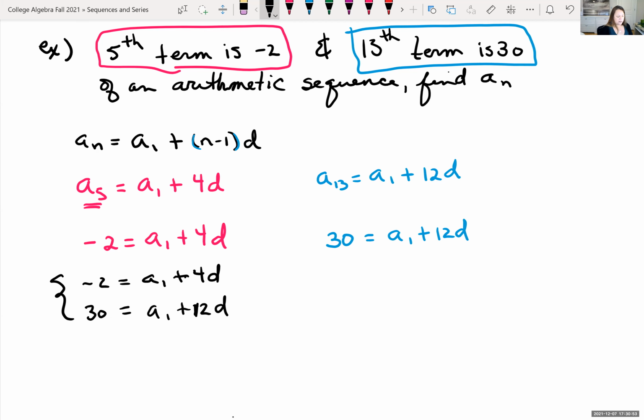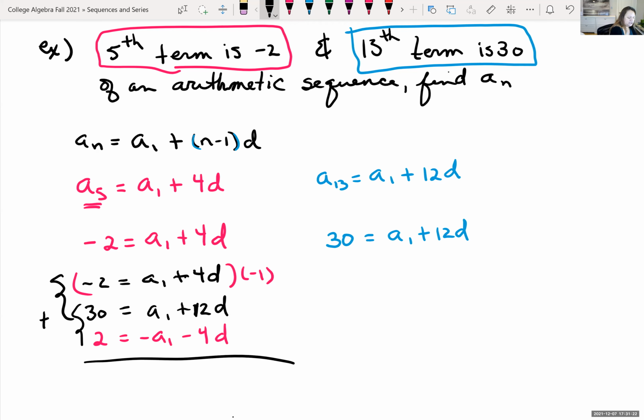Let's multiply -1 times one of them and then sum it to the other. Then we know the first terms are going to cancel. So if we multiply this by -1, and then we sum it to this. So -1 times everything in that first equation gives us 2 is equal to -a1 minus 4d.